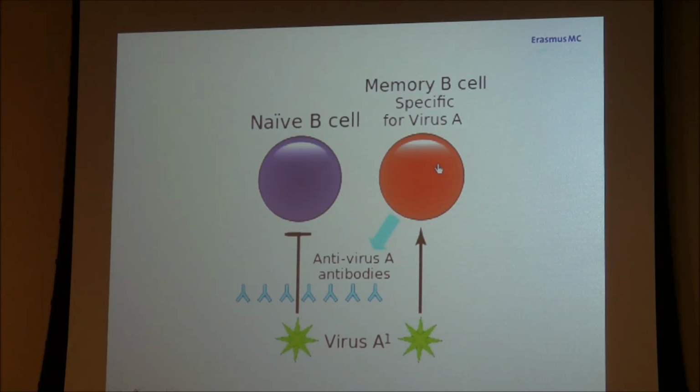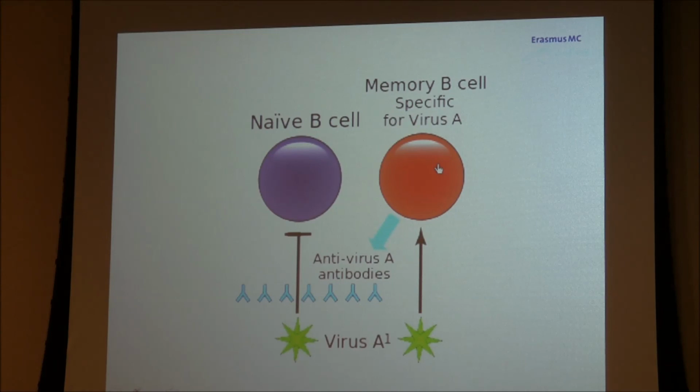So it prevents you from a secondary infection with that same agent. So your memory B cells are very essential for generating memory. So after a first encounter with a bacteria, it prevents you from getting sick or getting severely sick when you encounter that bacteria the second time.